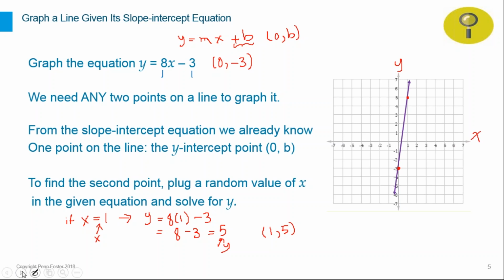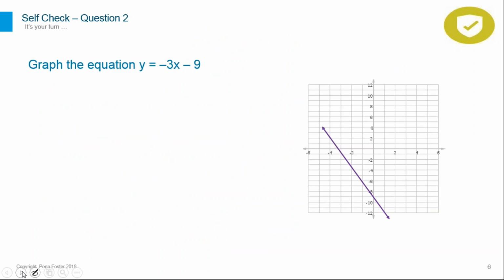Let's look at a practice question, and let's read what is given and what is asked of us to do. We'll graph the equation y equals -3x minus 9. The graph actually has the line that shouldn't be there, but let's assume that we do not see that line. How would you graph? So now you need a graph paper or a grid, so you're able to draw your x and y axis.